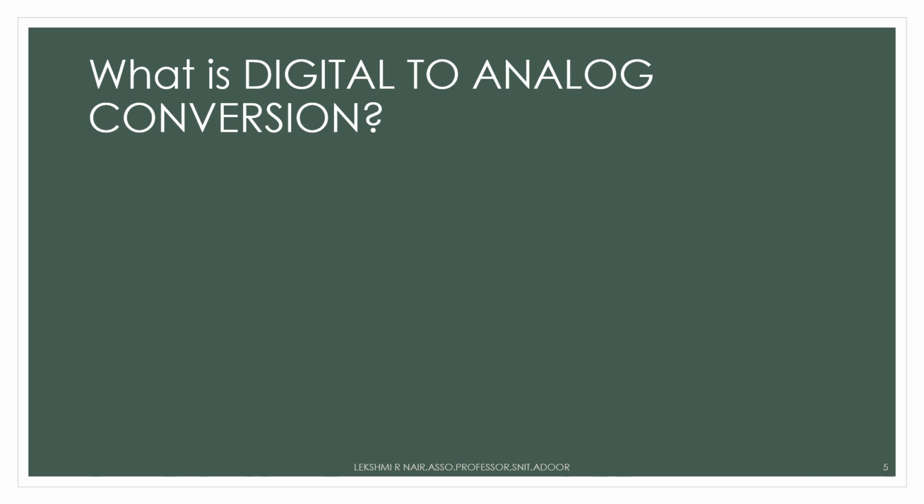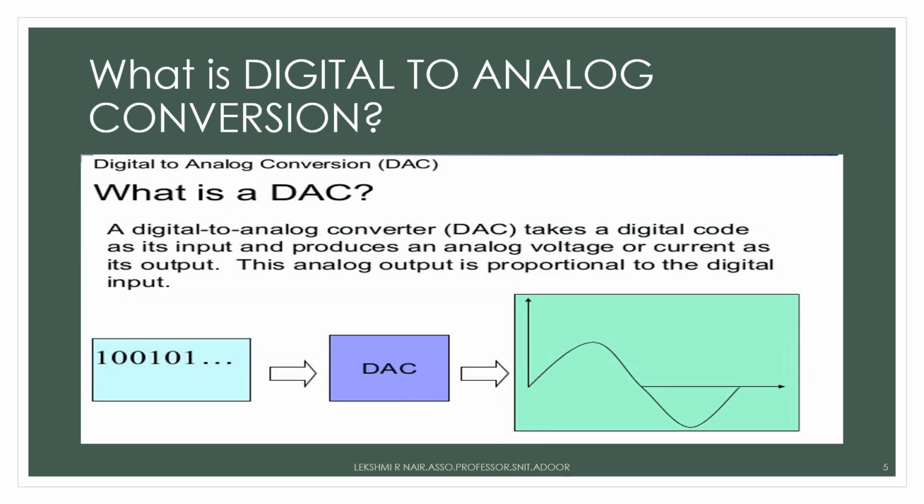The signal that is digital in nature can be represented by ones and zeros like this. In some applications, we have to convert this digital signal into an analog signal like this. Here we can see the analog signal, which is a sine wave.